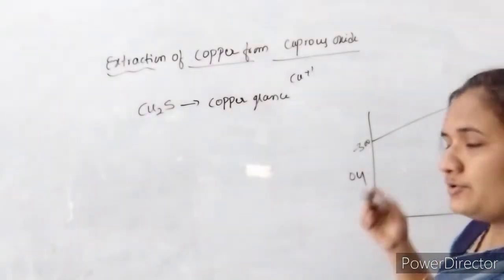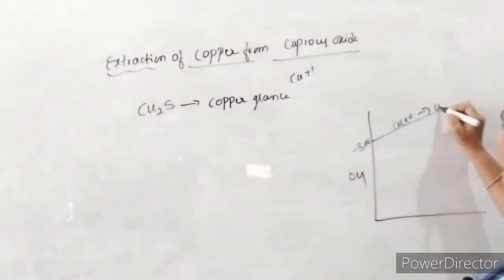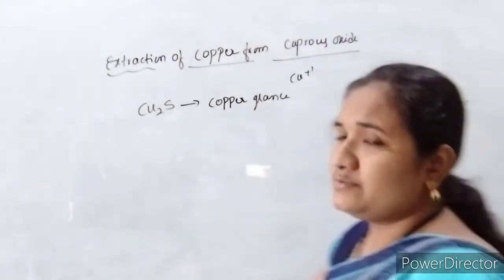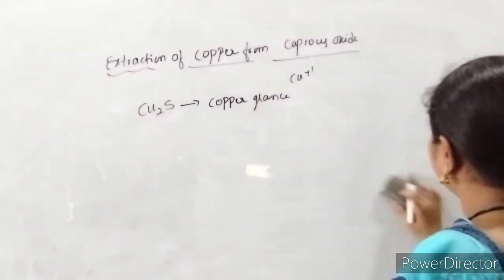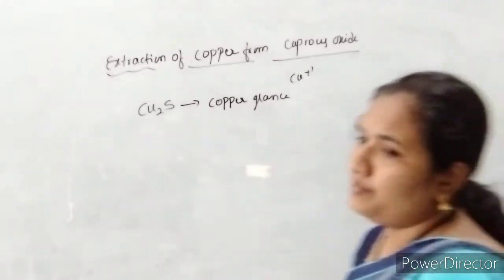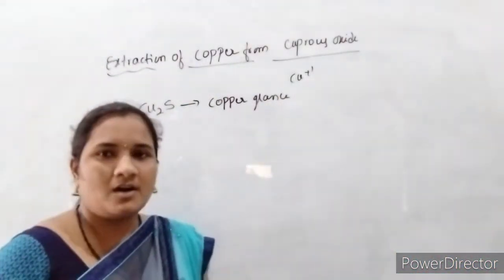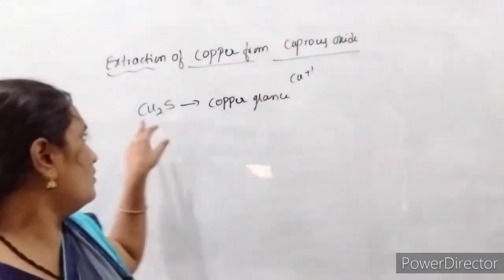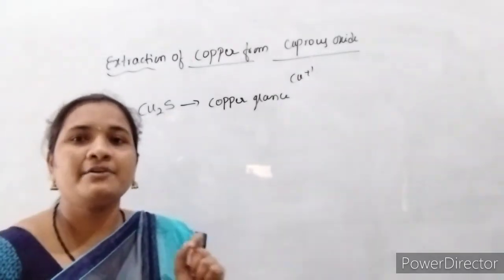So copper simply undergoes oxidation to form copper oxide, and that is why it is very easy to reduce. By heating with coke, we are able to convert the copper oxide. Before that, this is a sulfur ore: copper containing sulfur, so it is called a sulfide ore.